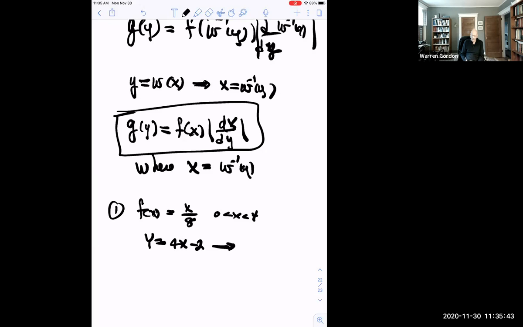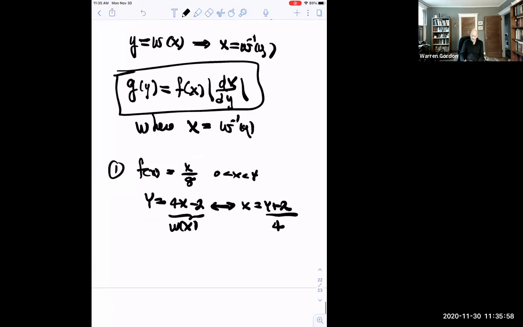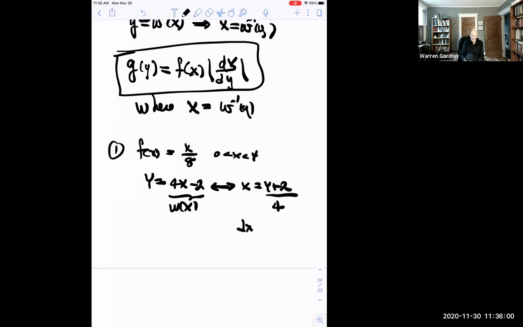Notice if I solve for x here, x is equal to y plus 2 over 4. Remember, this is what we called w inverse. And dx dy is 1/4.